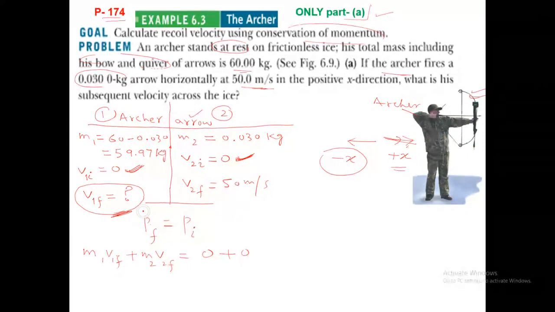Now you are not having one person, you are having 2 objects. We have a system of 2 objects, the archer, which is the man, plus the arrow. The archer or the man I am taking as 1, and the arrow as number 2 in the system. Total mass is given as 60.